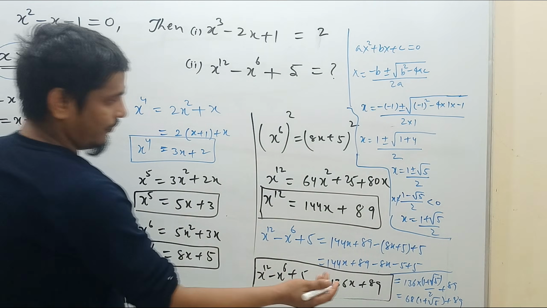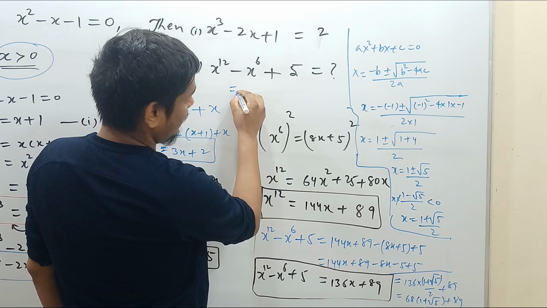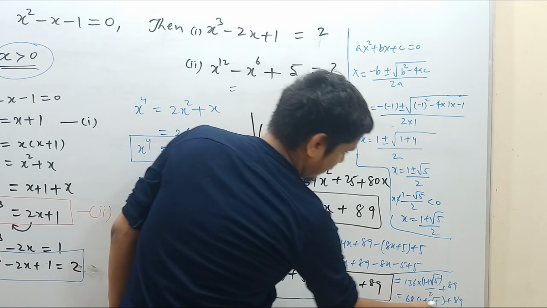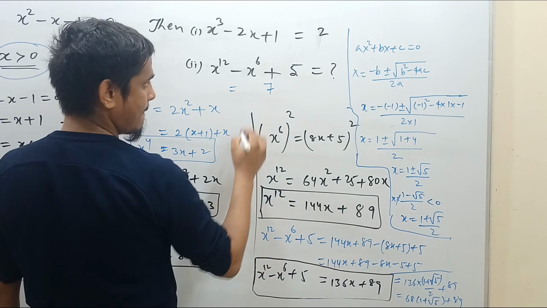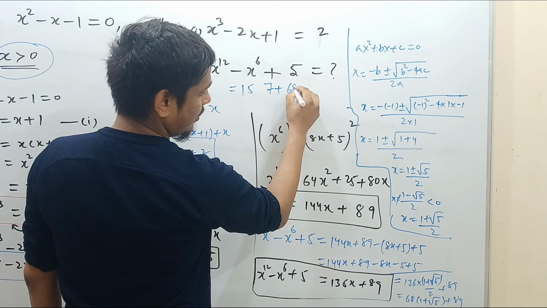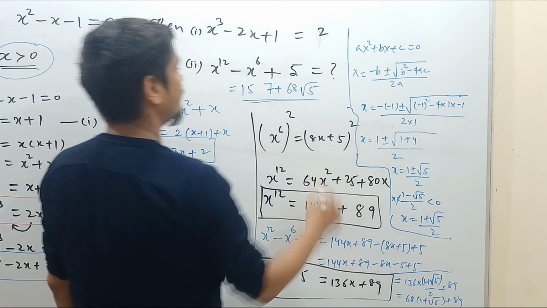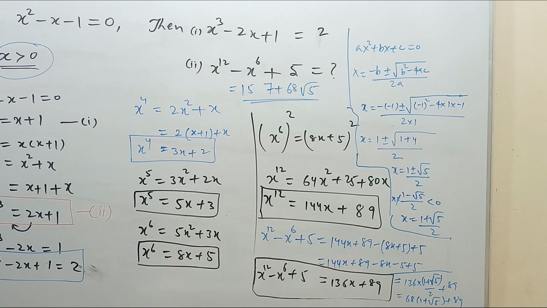So the value of this is going to be equal to what? This value is equal to 68 plus 89, 157 plus 68 root 5. So this question is very interesting, right?